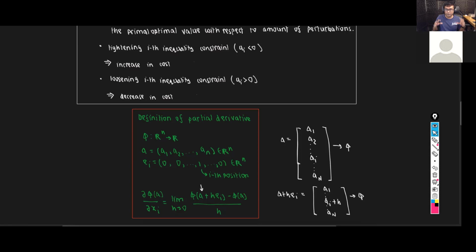And then we divide by how much we changed the input component, which is h. When you do that, we divide and then make h infinitesimally small. The resultant number that we get is what we call the partial derivative.